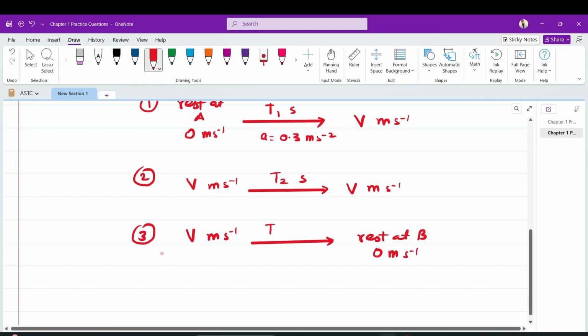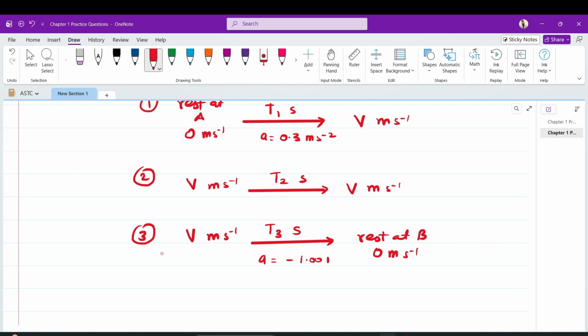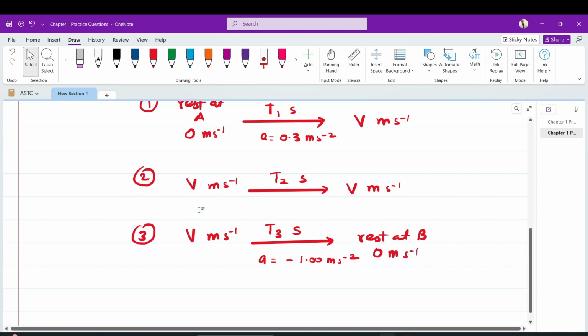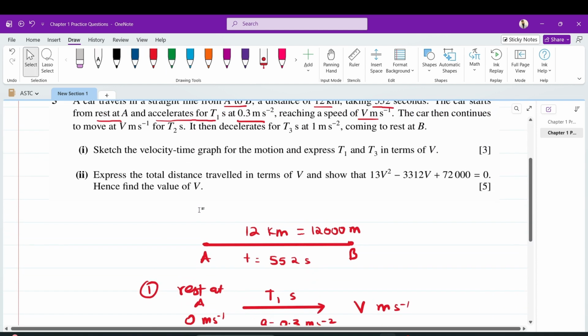Okay, that is t3 seconds, the duration, and acceleration. Now because the deceleration is 1, acceleration will be minus 1.00 meters per second square. Okay, so that's all that we know about the 3 stages of the journey.